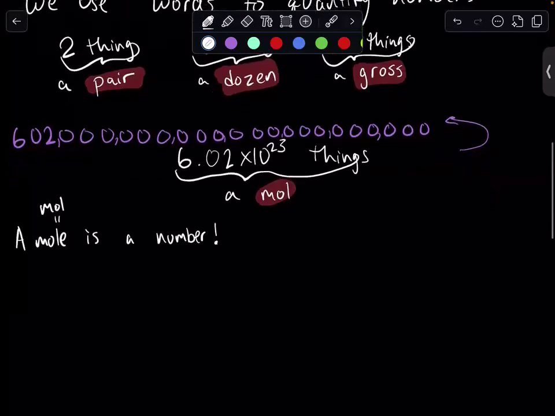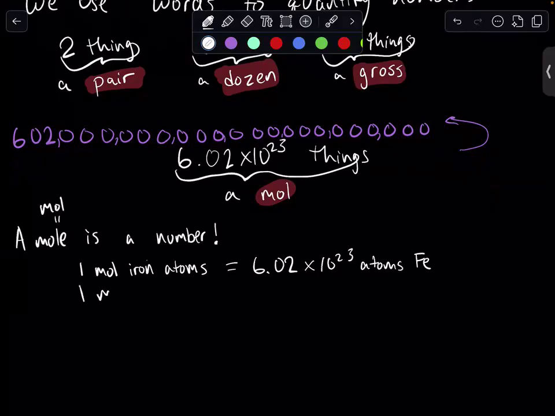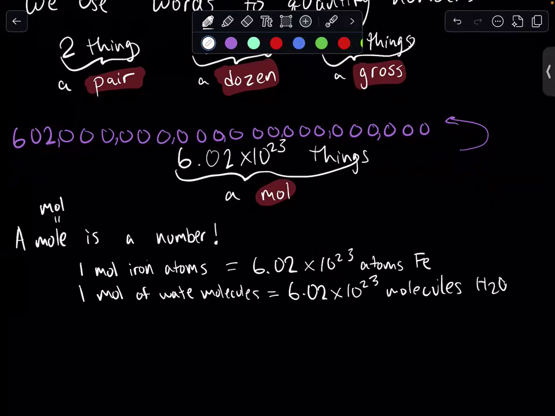It doesn't matter what you're dealing with. 1 mole of iron atoms will always be 6.02 times 10 to the 23rd atoms of iron. 1 mole of water molecules will always be 6.02 times 10 to the 23rd molecules of water, which I'm now going to say H2O. 1 mole of electrons will still be 6.02 times 10 to the 23rd electrons.